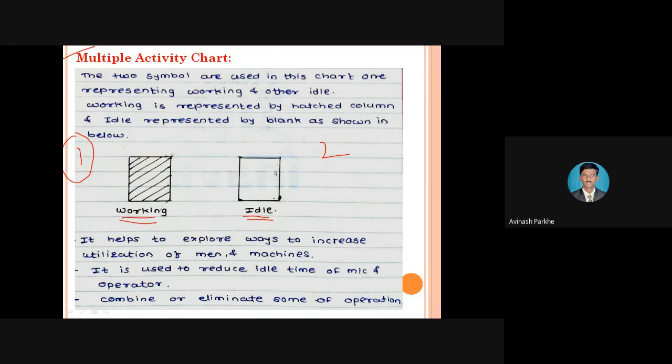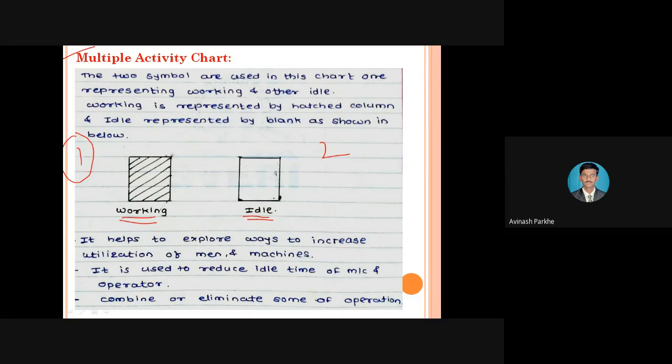Sometimes small machines, if you take the example of a lathe, can be handled by a single operator, no problem. But some heavy duty machines, maybe press machines or big cranes, are handled by more than one worker.